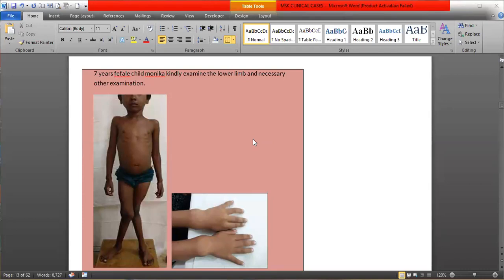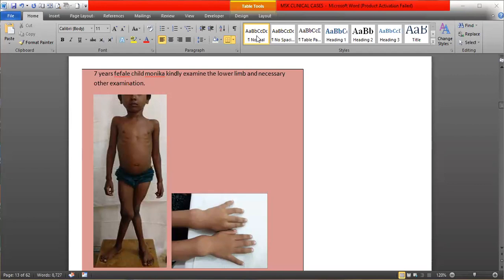Then I ask her to walk on her tiptoes. Yes, she is walking. Is there any problem other than this? No.